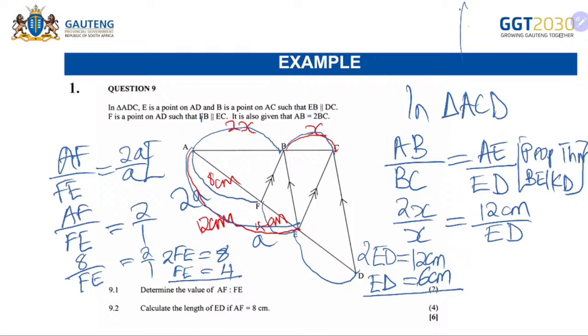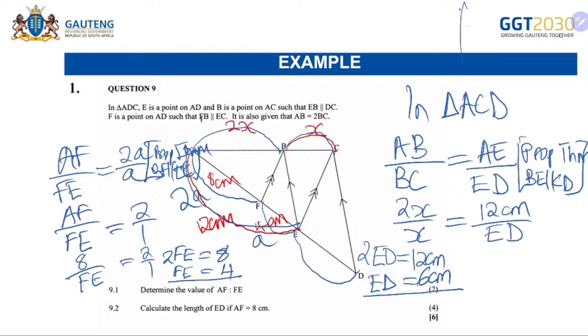We are using triangle ACE, and our reason is prop theorem. And we mention our parallel lines. Our BF is parallel to our EC. Then our solution is set. So for the statement and reason, you'll get a mark. For getting the length of FE as 4, you get the second mark.